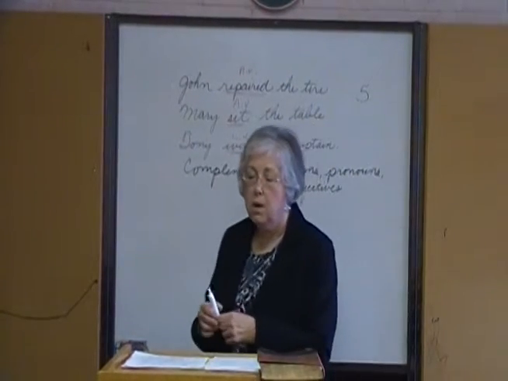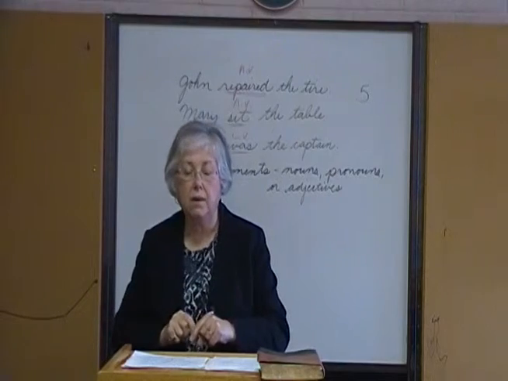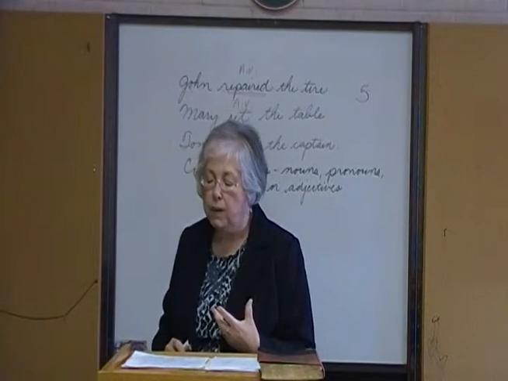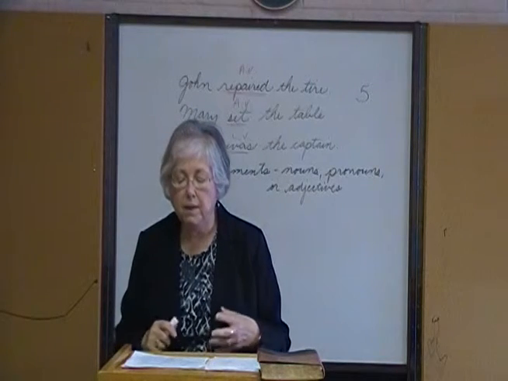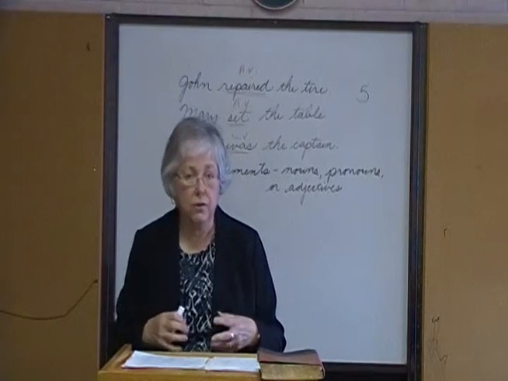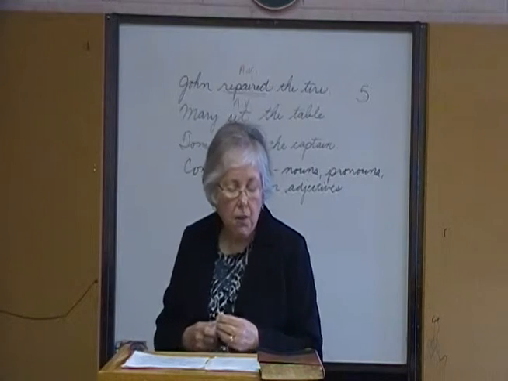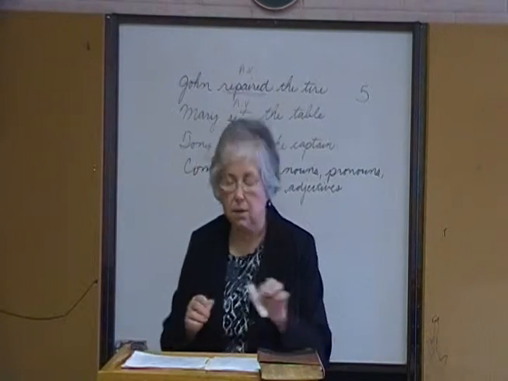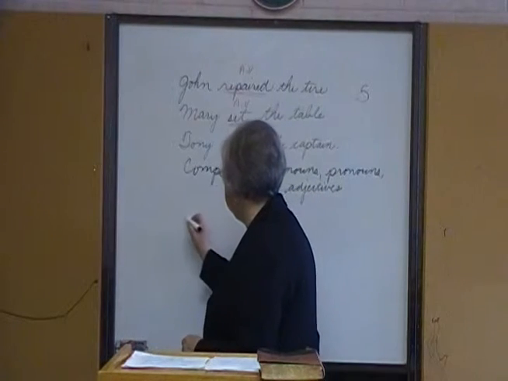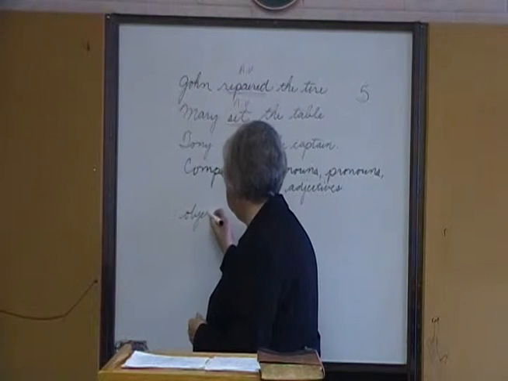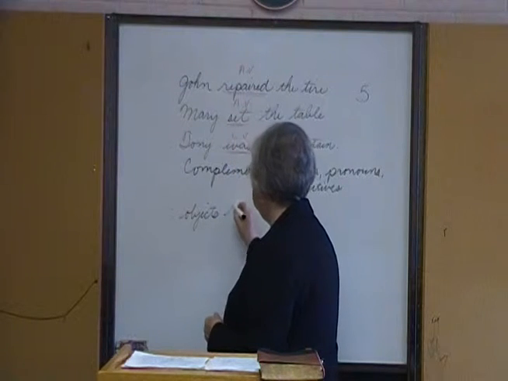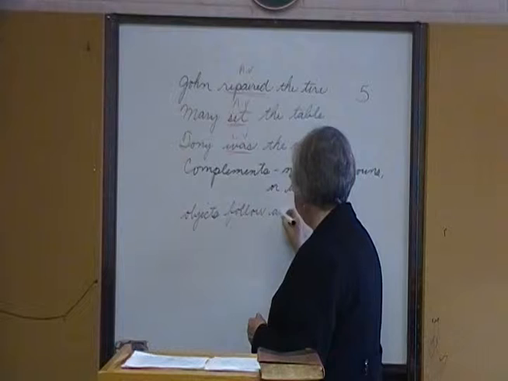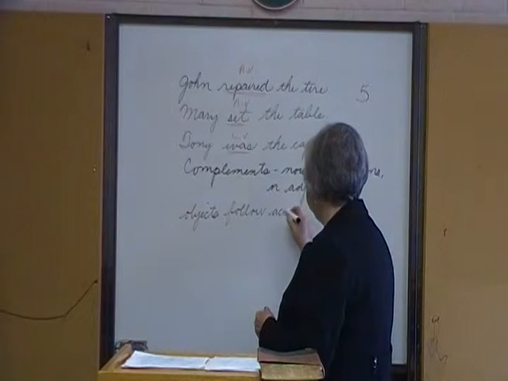So as I said before, complements follow the verb, and the kind of complement will depend upon the kind of verb. So the first one we're going to take a look at are complements that follow action verbs. The complements that follow action verbs are called objects. Objects follow action verbs.